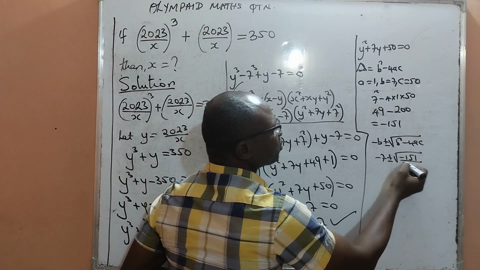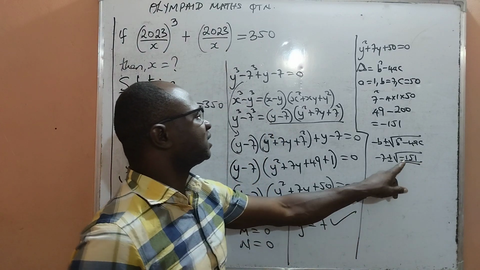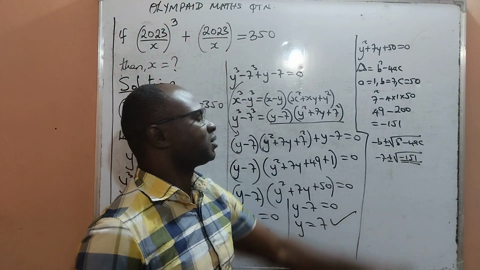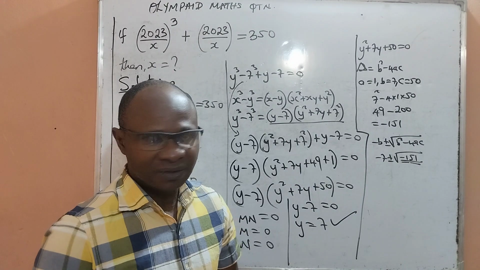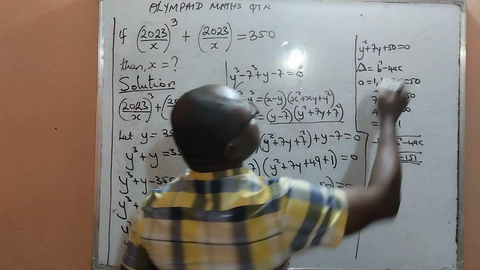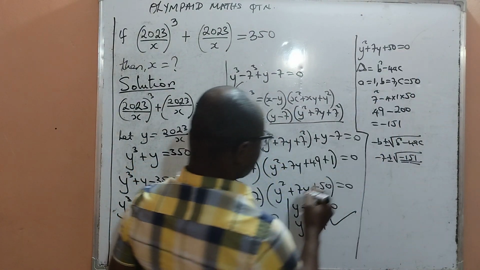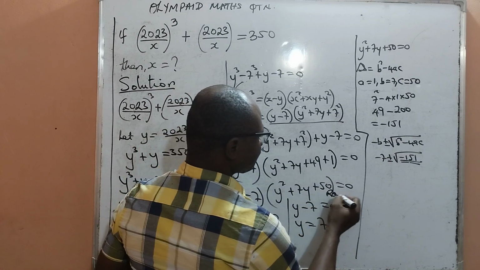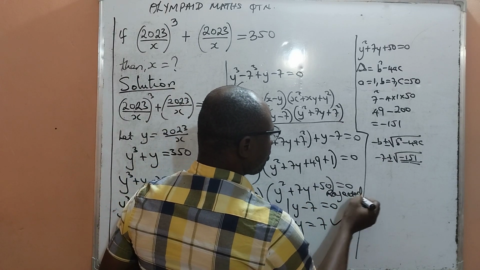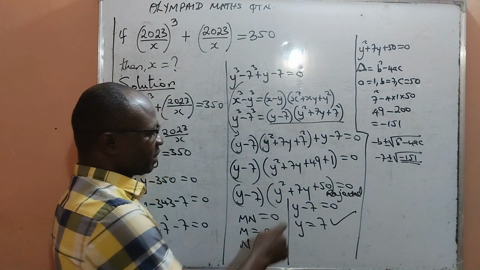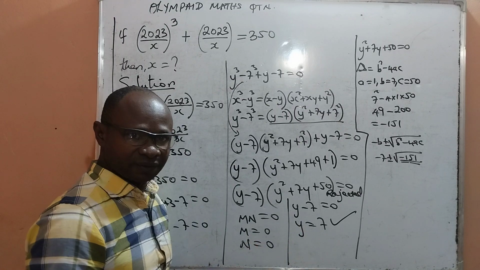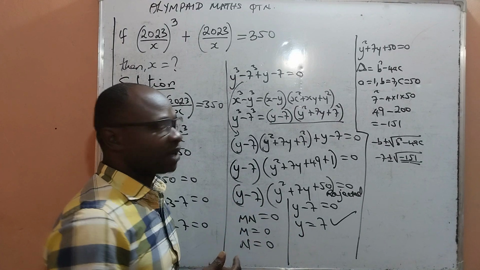Because of this presence of a negative value inside the square root, it will be a complex value. So we now reject this one, rejected. What it means is that we are going to make use of y equal to 7 in solving the problem.